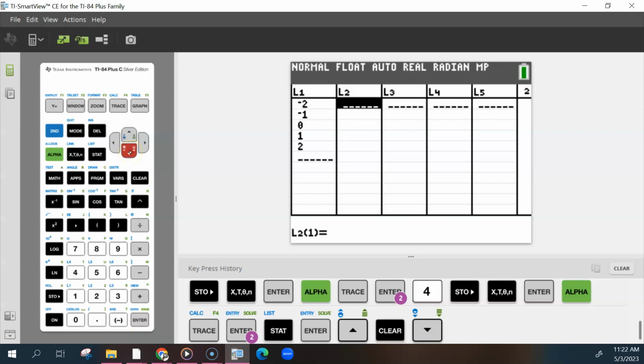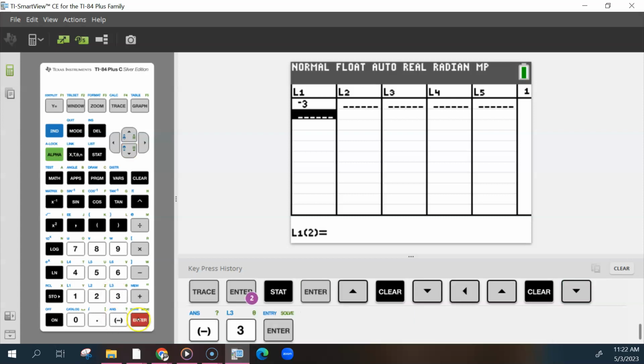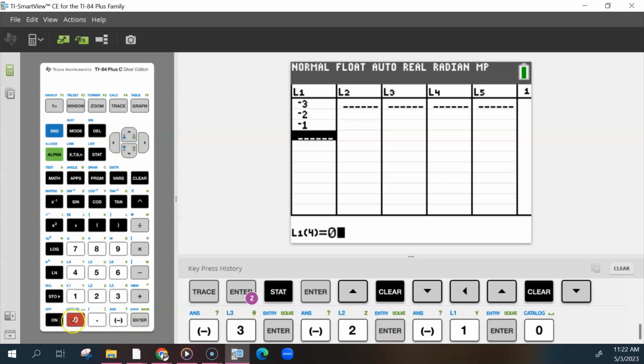And then scroll down and it'll get rid of everything. Do the same thing for the other one. And you can put your points in there. Go all the way up to the top and hit clear, and then scroll down.